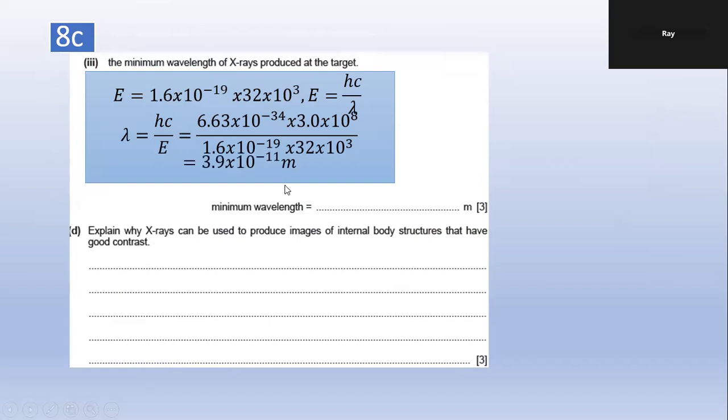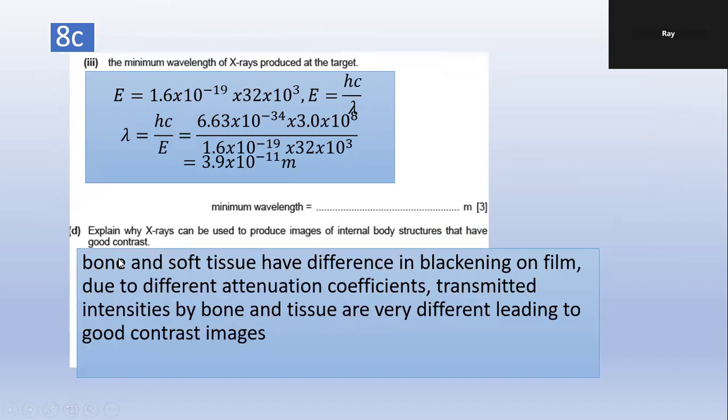Explain why X-ray can be used to produce images of internal body structure that have good contrast. Bone and soft tissue have different blackening on the film.